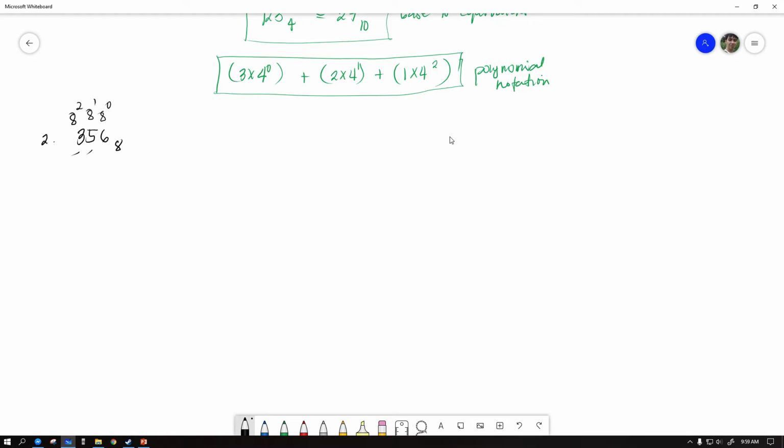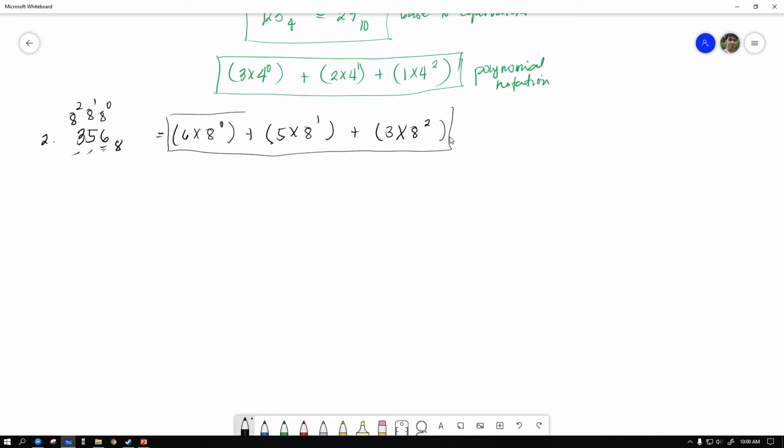So you could write this starting with the ones place: 6 times 8 raised to 0 plus 5 times 8 raised to 1 plus 3 times 8 to the 2. Your answer for polynomial notation is this one.